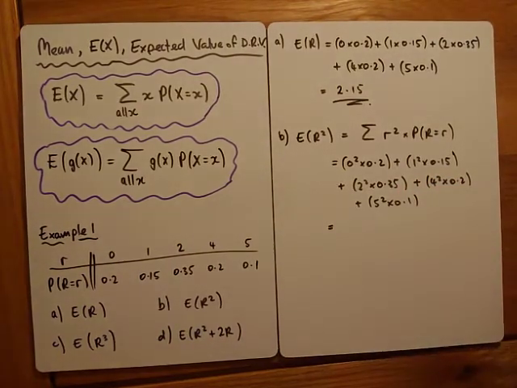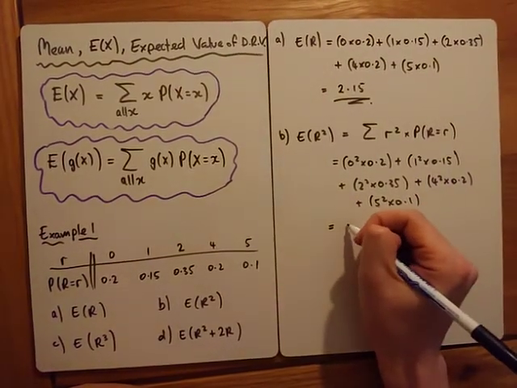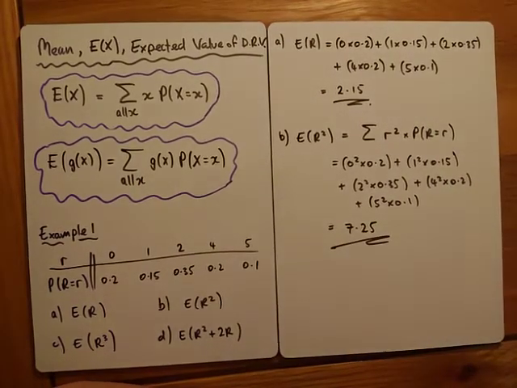I'm going to reach for the calculator here, so let me just see what that gives us. Okay, I'm getting 7.25 if I've put the buttons correctly.